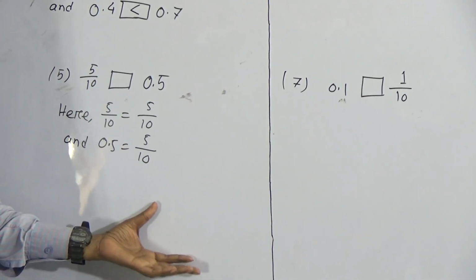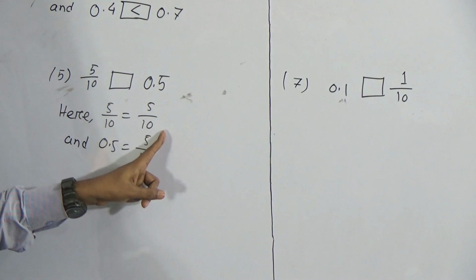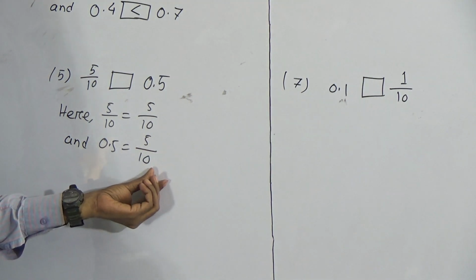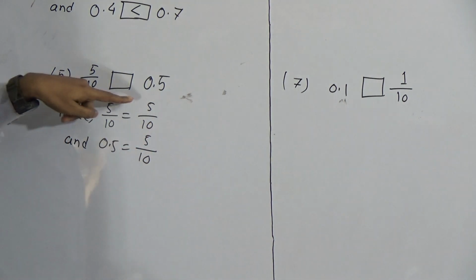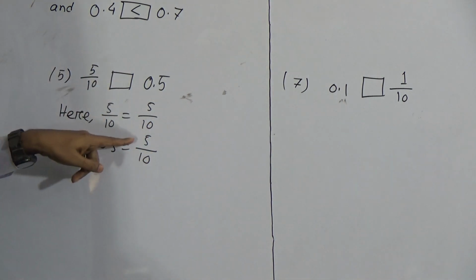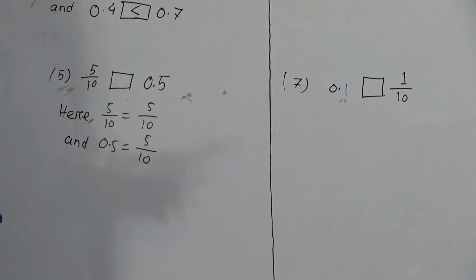Student, here the denominator is 10, similarly here the denominator is 10. And here the numerator is 5, here the numerator is 5. That means they are equal. So no one is larger here.